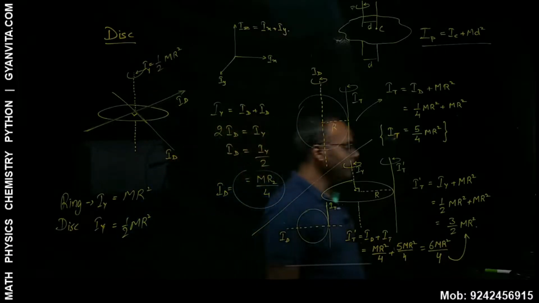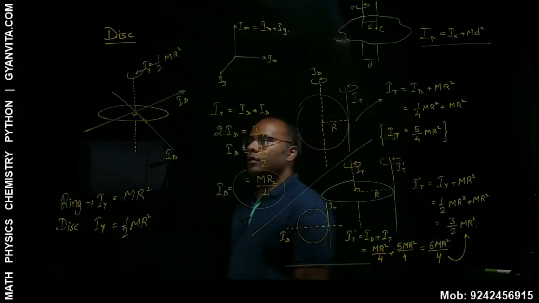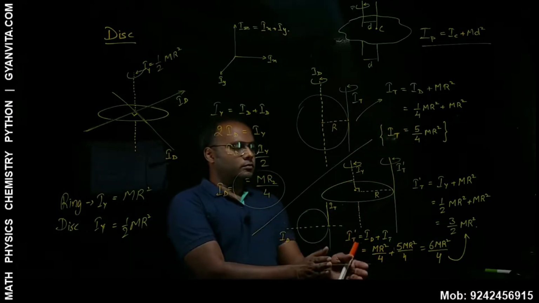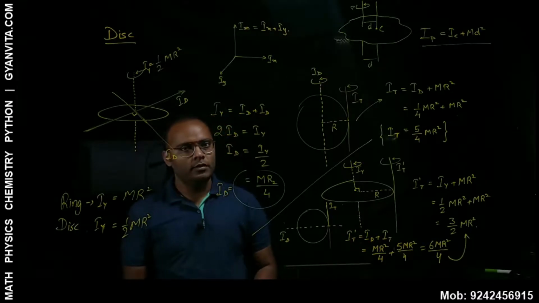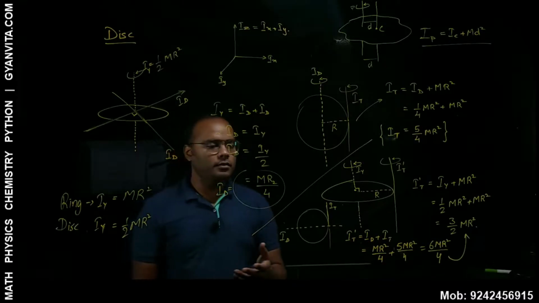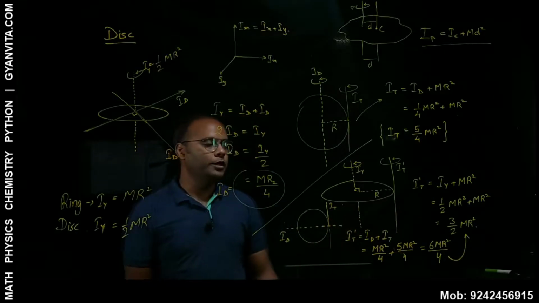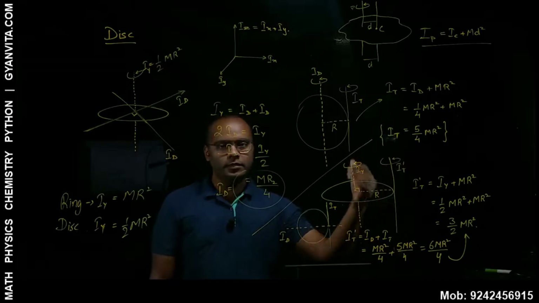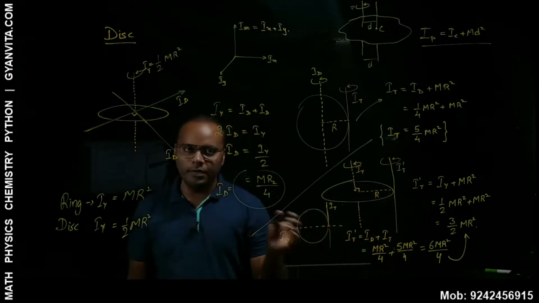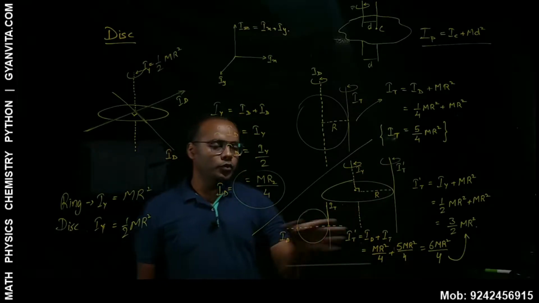So I did this just to show you that in some cases, whether you apply the parallel axis theorem or the perpendicular axis theorem, in both cases you will get the same result.